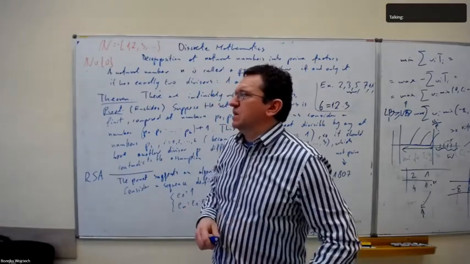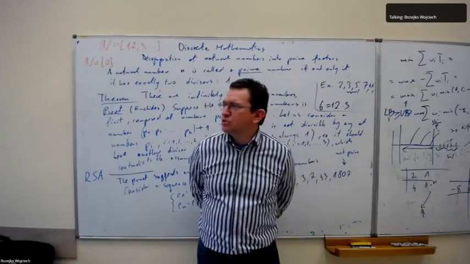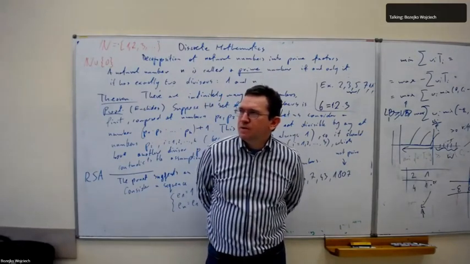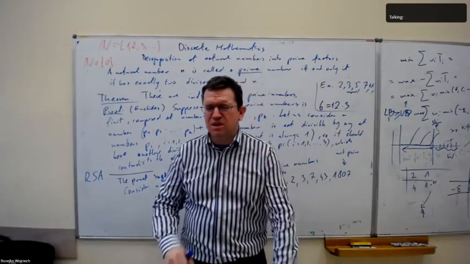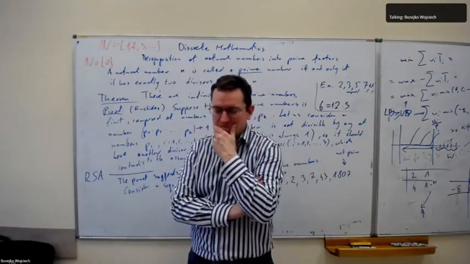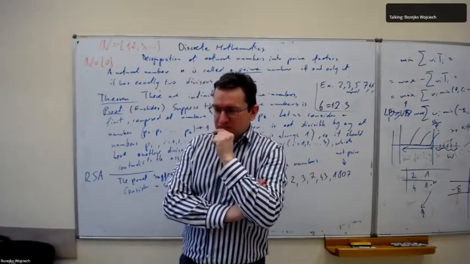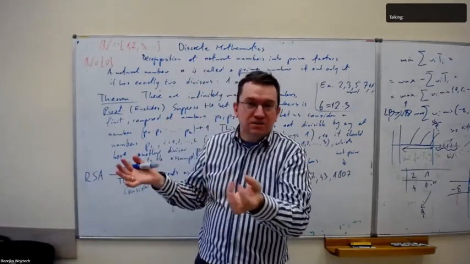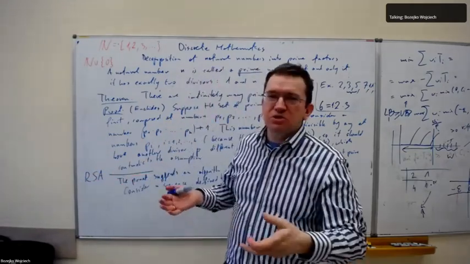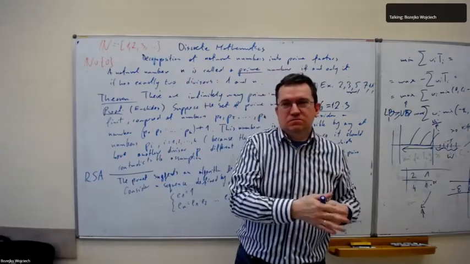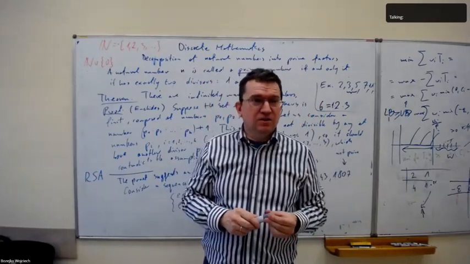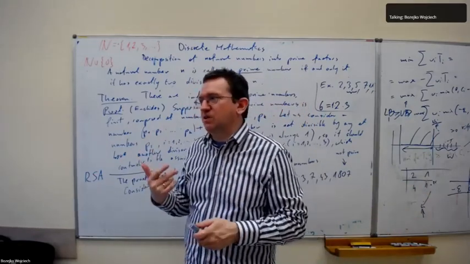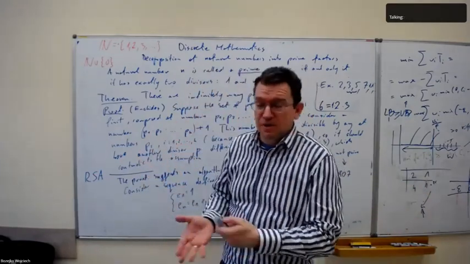The other algorithm is usually done in such a way that we propose a candidate for being prime, and we divide by previous primes. And if none of them divides our new candidate, this is prime.